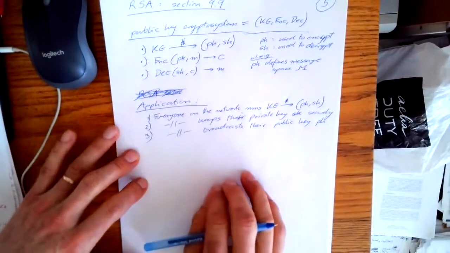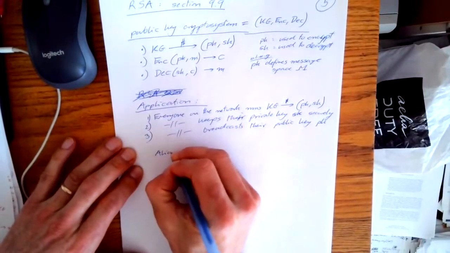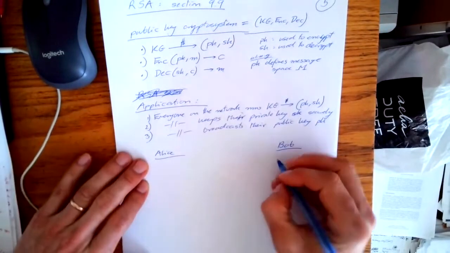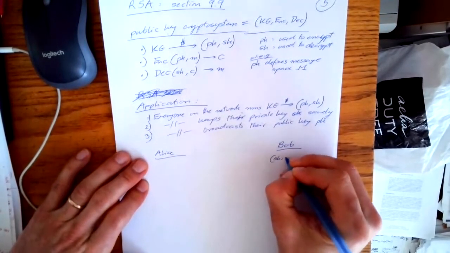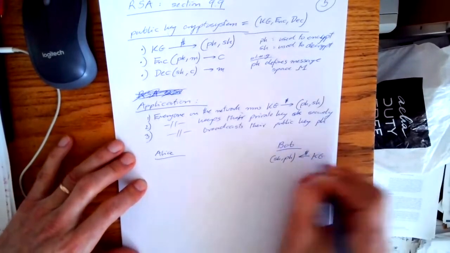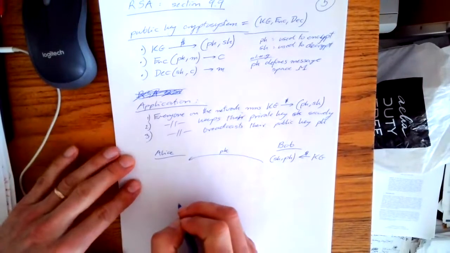If you just look at an Alice and Bob, here is Alice and here is Bob, I'm going to have Bob generate his key pair, and he will broadcast. In particular, he will tell Alice what his key is.